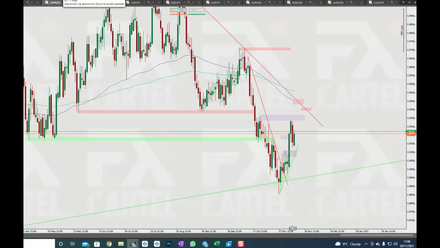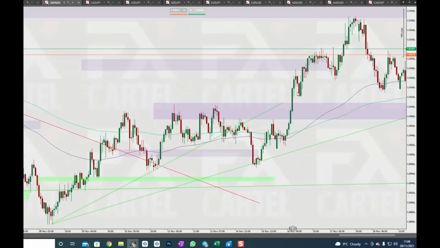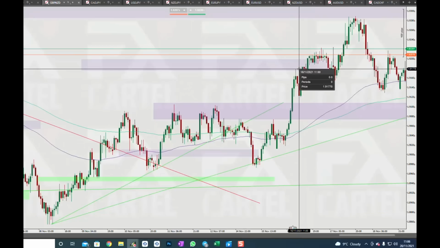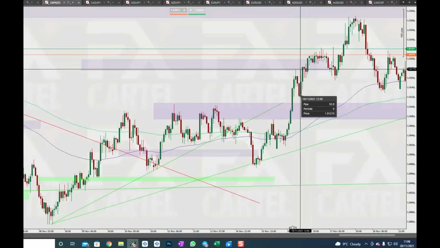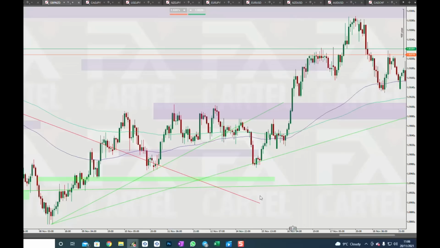And unfortunately it missed here. We can see that price actually got to 1.917780, so we missed by 2-3 pips, and there's no way spread would have got us in. That would have been 50 or 55 pips. 55 pips, that would have given us our TP.